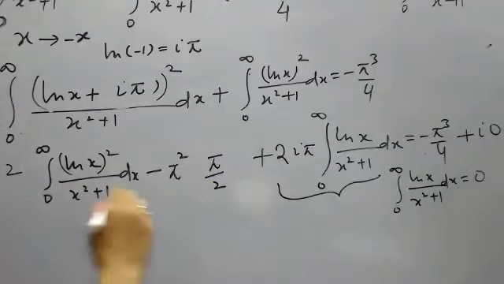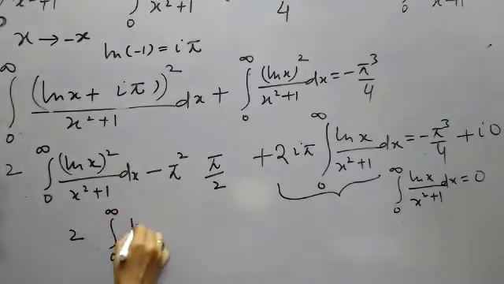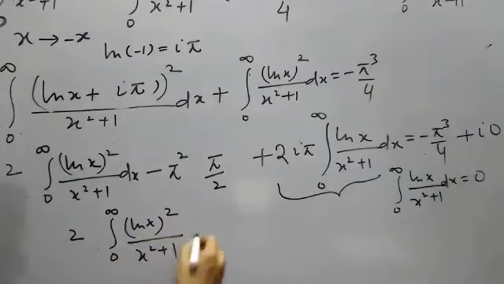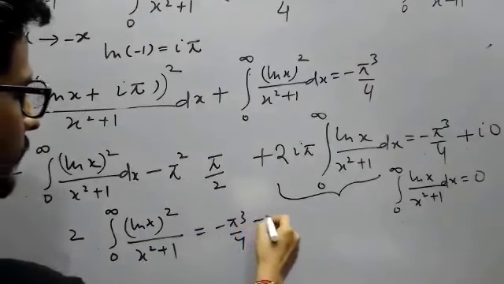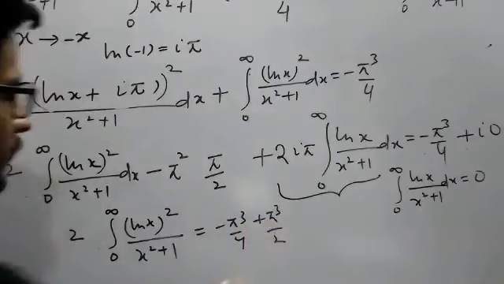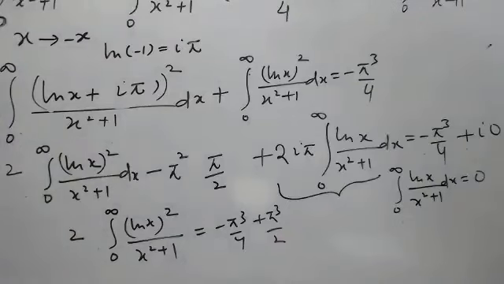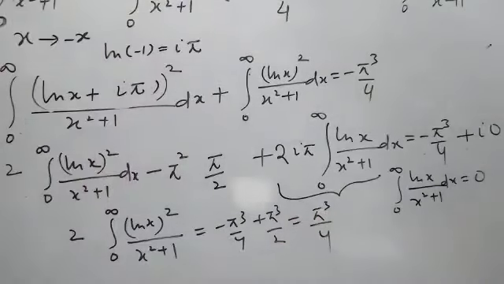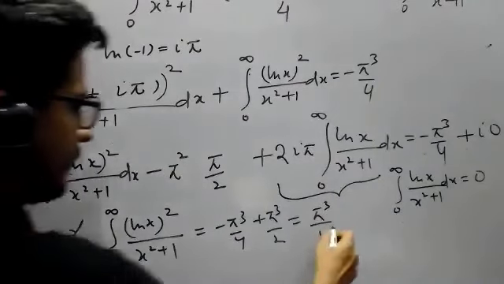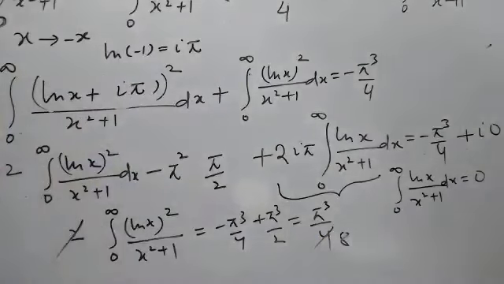So this will become 2 times 0 to infinity log of x square over x square plus 1 is equal to minus pi cube by 4 plus pi cube by 2. And what this will come? Pi cube by 4. And 2 from this side will make it 8. So answer is pi cube by 8.